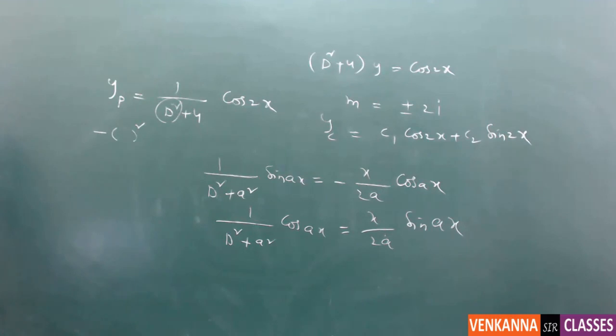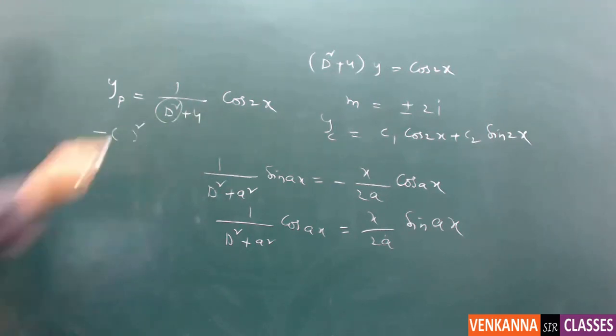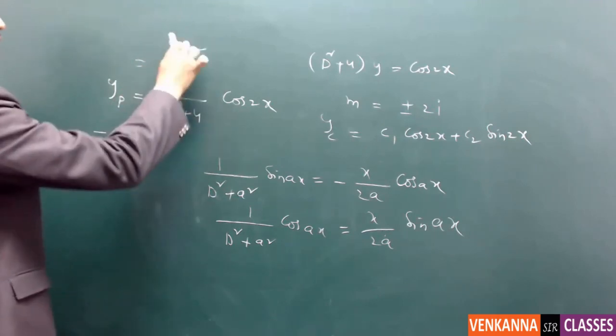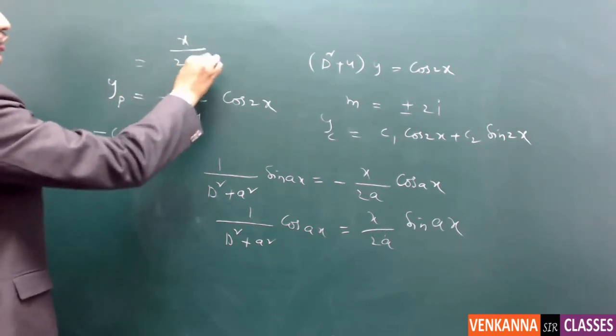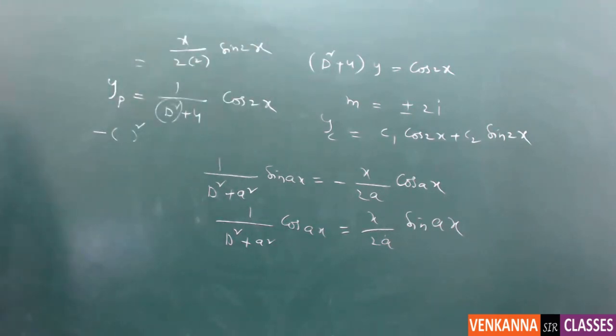Okay? The formula. So, using the formula here, our solution is x by 2 into 2 sin 2x. So, x by 4 sin 2x is the particular solution value. Then we write the general solution y equal to yc plus yp. Fine.